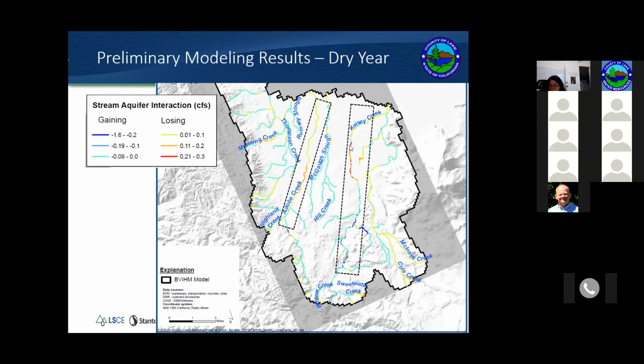If there are flows in the creek, going with the operation of the recharge project on Kelsey Creek, we're losing. The creek is losing water and contributing recharge to the basin. Losing and gaining is kind of bad or good, but losing is basically recharge, which if done intentionally might be a good thing. So the creek is recharging the basin.